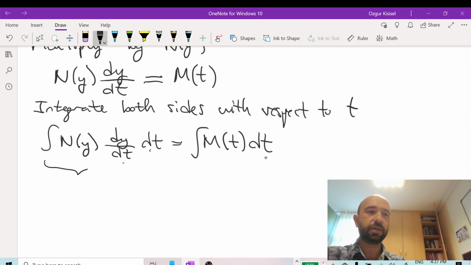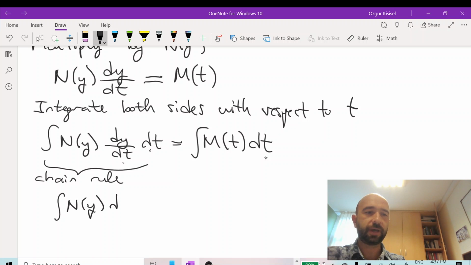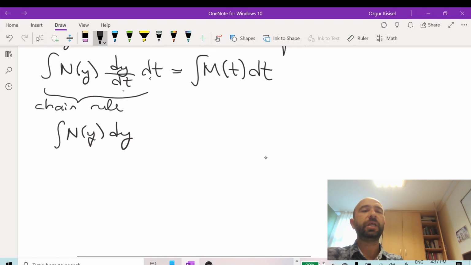That's justified by chain rule. This integral is exactly equal to the integral of n(y) dy. And now on the left, you don't have anything about t.